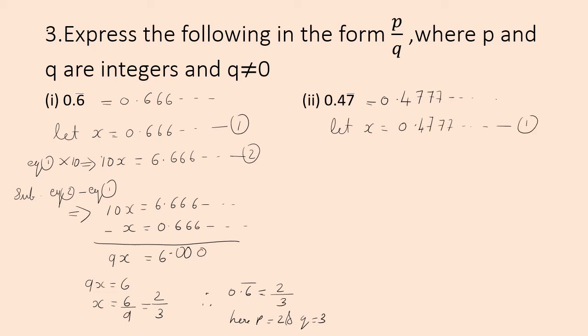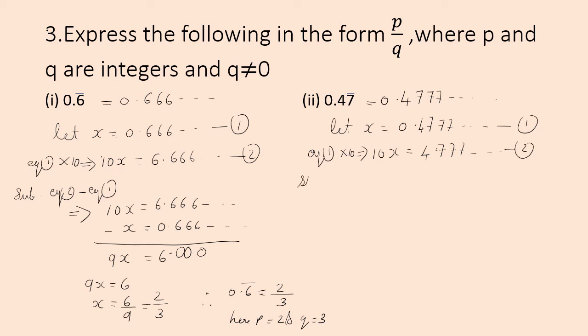Since one number is repeating, multiply equation 1 by 10. You get 10x equal to 4.777, etc. You number the equation as 2.